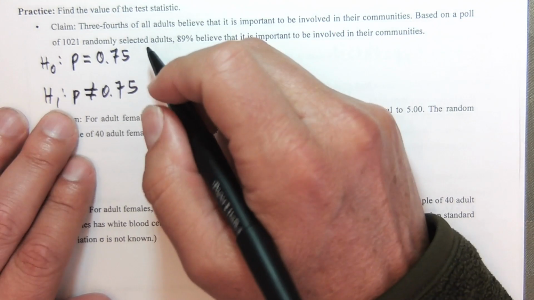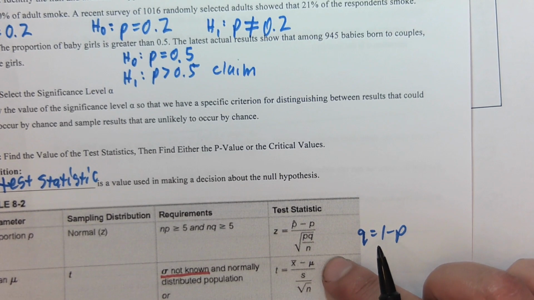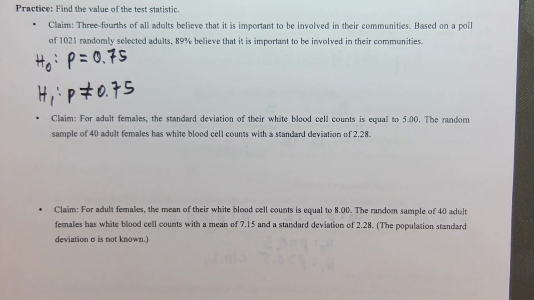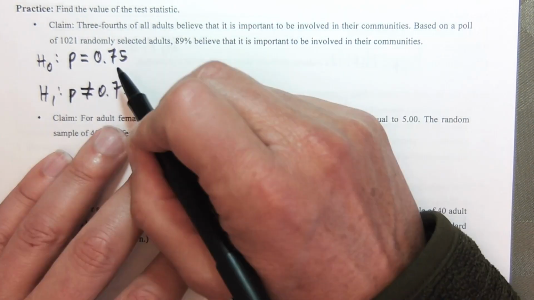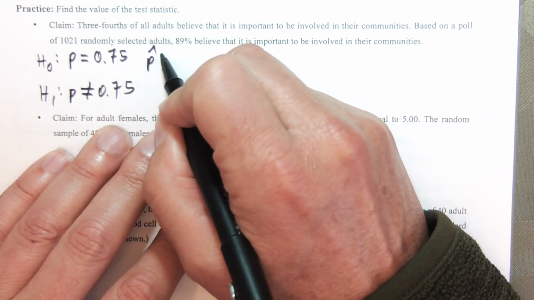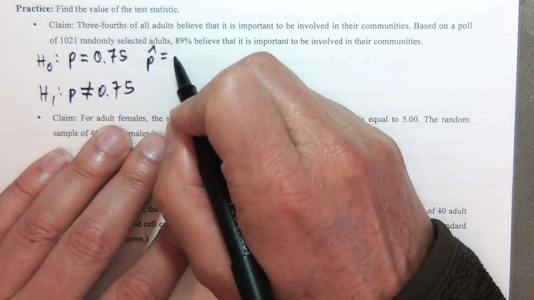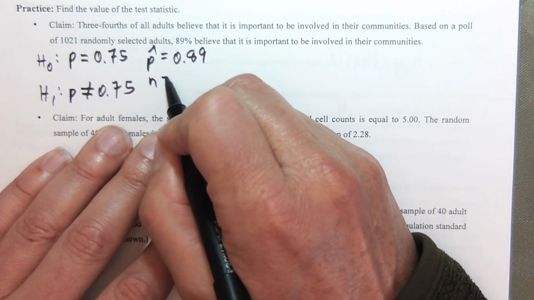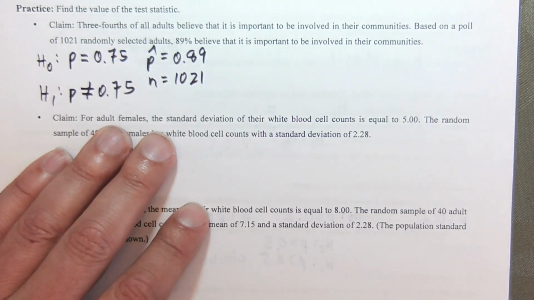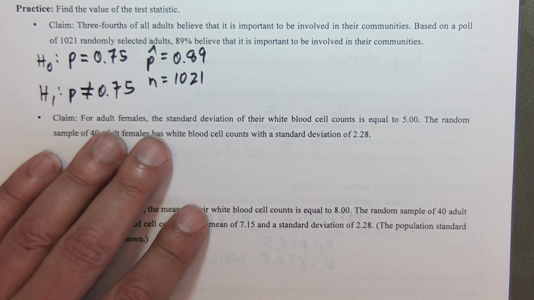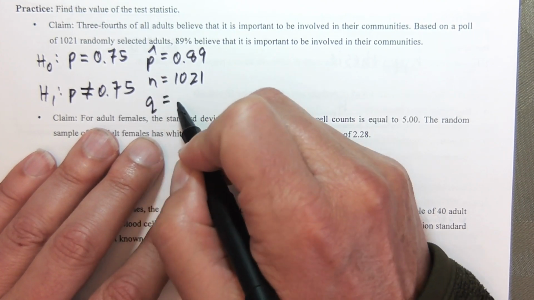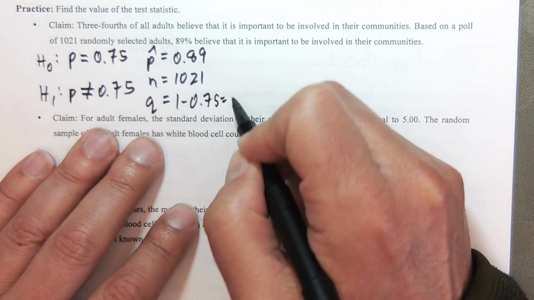And with a p, we're going to be using this formula here. And let's label real quick what we have. So we have p already is right here. P hat, it is 0.89. N is 1,021. Real quick, Q then is 1 minus 0.75 or 0.25.